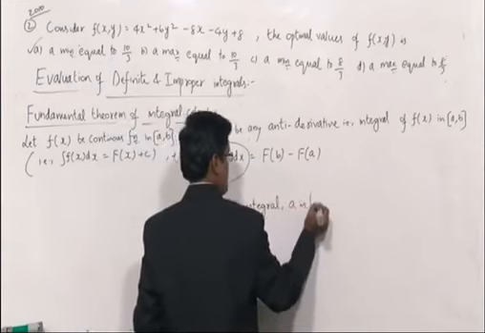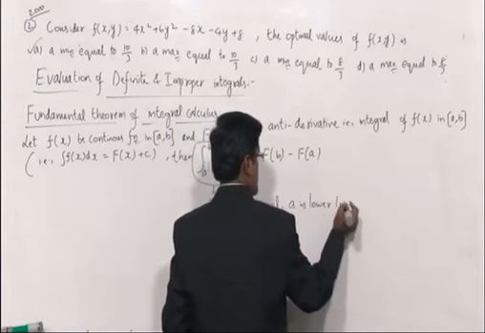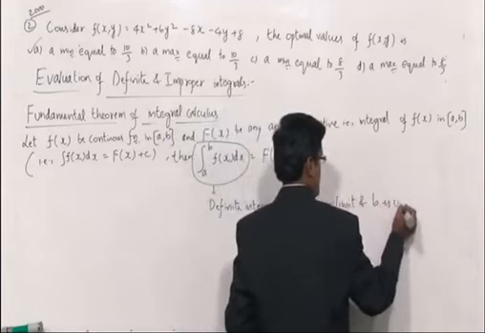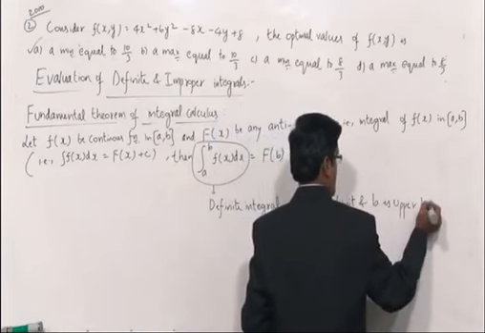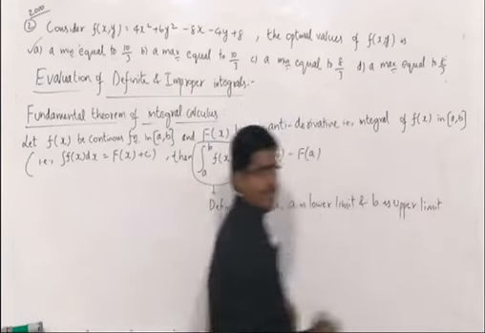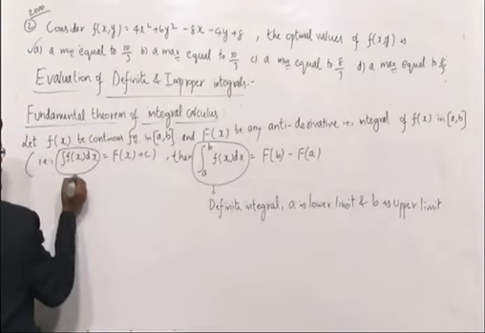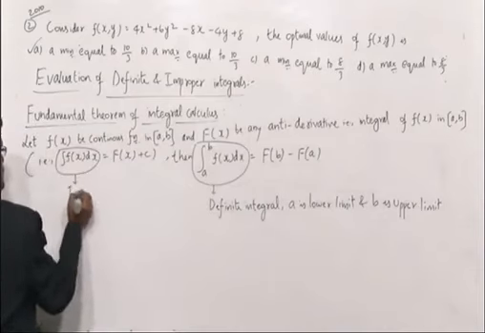A is lower limit and b is upper limit, and this term is called indefinite integral.